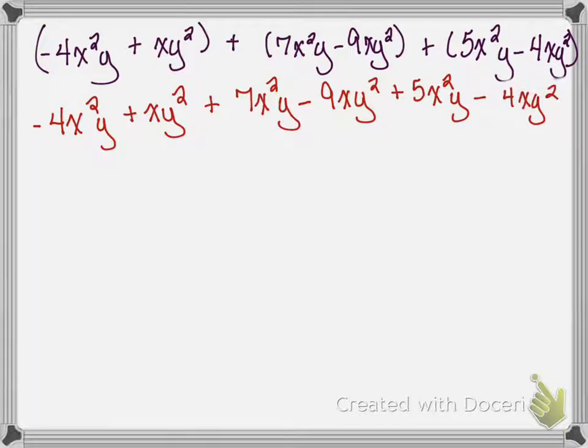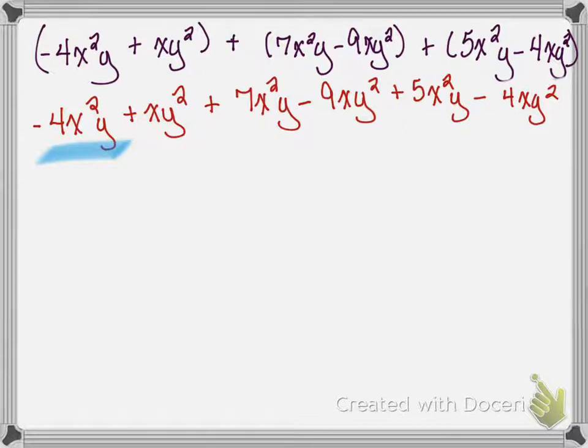Okay. So, negative 4x squared y. That is different than xy squared. In negative 4x squared y, my x is squared. What's squared in the xy squared? The y.